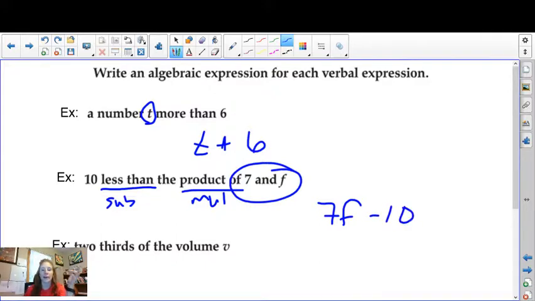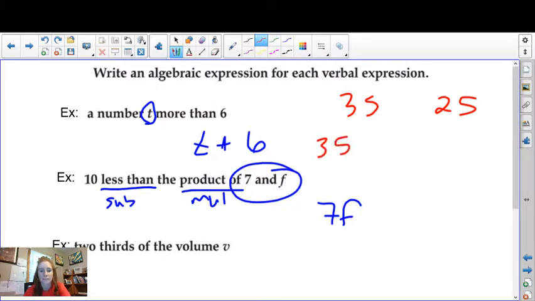Well, let's try an actual concrete example to figure it out. Let's pretend we're talking about the numbers 35 and 25 because they're 10 apart. If I wanted to say 35 is 10 less than 25, I'm pretty much just using these words and sticking them in the middle. Is 35 10 less than 25? No, it's more than.